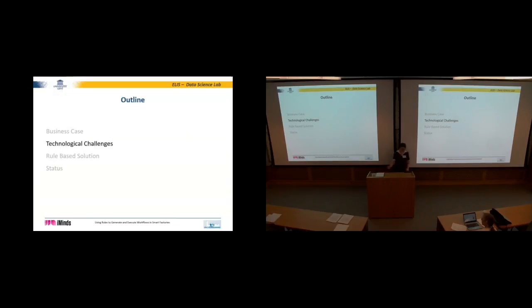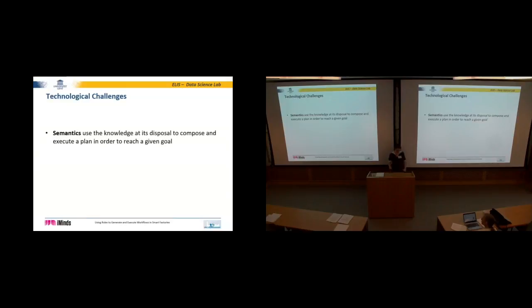Okay, so next I want to talk about the challenges coming with that. The challenges are, first of all, our computer system needs to somehow understand different services or service descriptions. So there's this semantics need. Then it should be adaptable, as I already said.